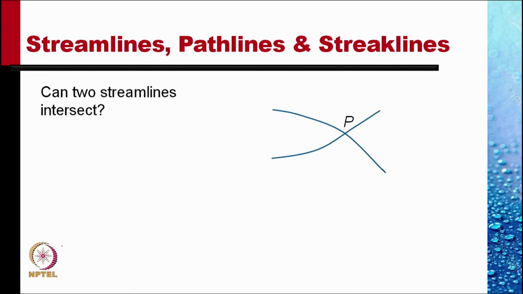The velocity can have only one direction. This is possible only if the velocity at point P is 0. In that case, there is no direction to a velocity, and the two streamlines intersect. Such a point is a stagnation point, where the fluid is stagnant.